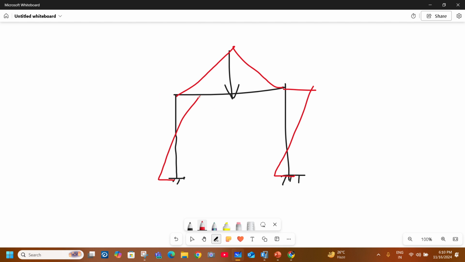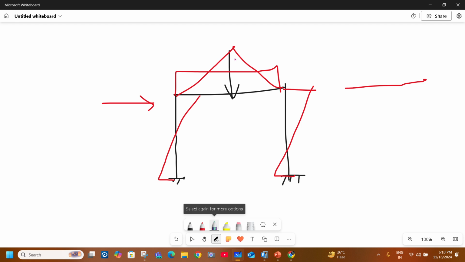Okay, and due to the fixed end, there is also this kind of bending moment. So basically in this kind of structure, when there is a horizontal force here, due to this force it will deform like this only. So the bending moment is at the left part.